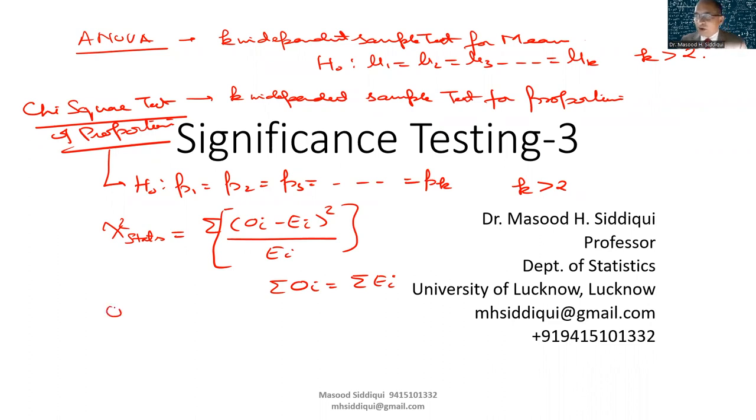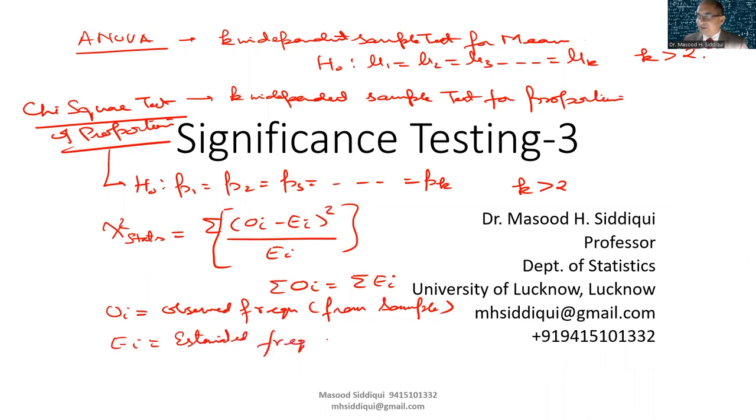Remember, these Oi are the observed frequencies from the sample, and these Ei are the expected frequencies that come under H naught, meaning they have equal presence.